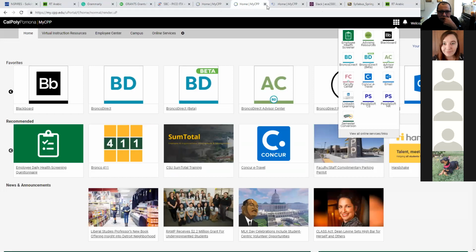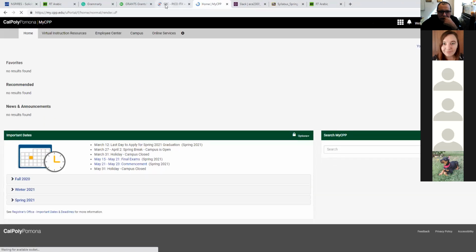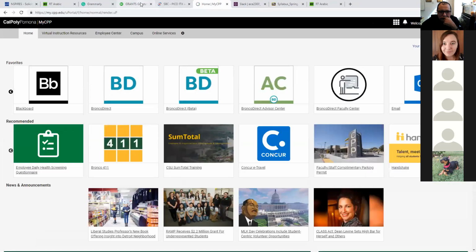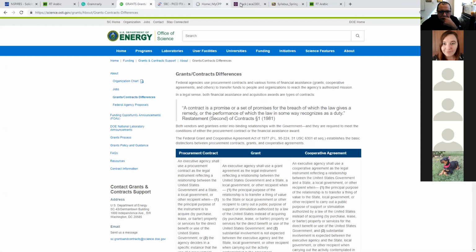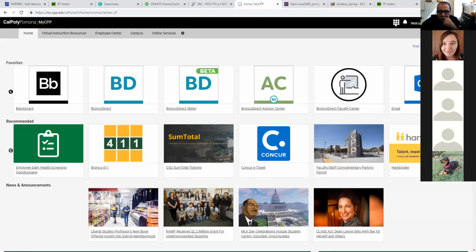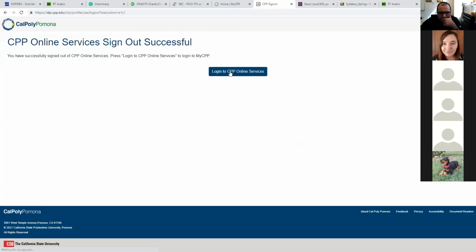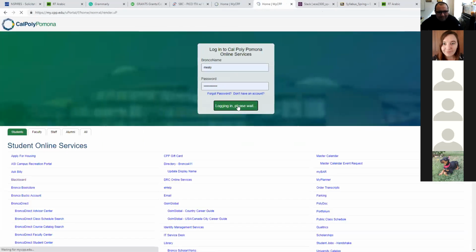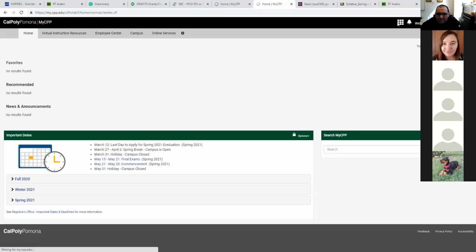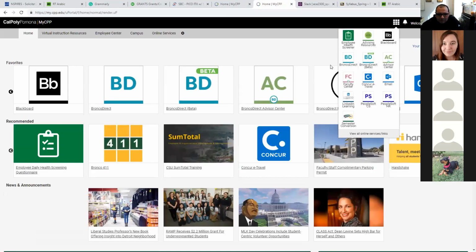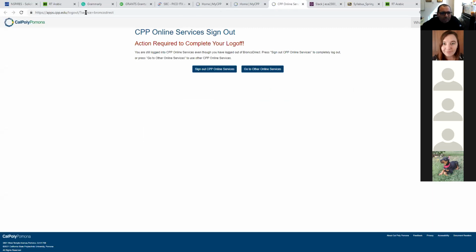What the heck? You probably have another tab open already. Yeah, let's see. Okay, sign out, sign in. It's not really a smart link, so anyway. That really sucks.